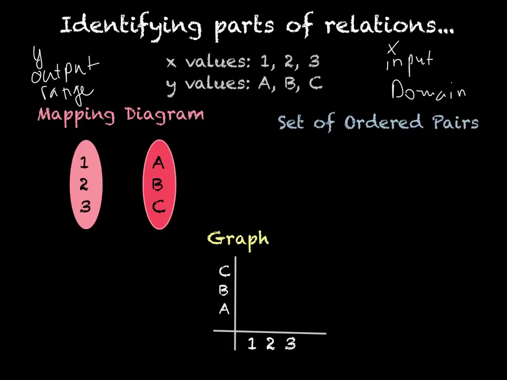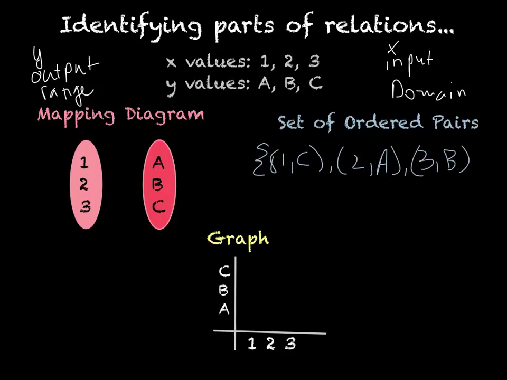Alright, so just suppose we have the x values of 1, 2, and 3. We're going to use these values to come up with a set of ordered pairs. So the set of ordered pairs is (1, c), (2, a), and (3, b).